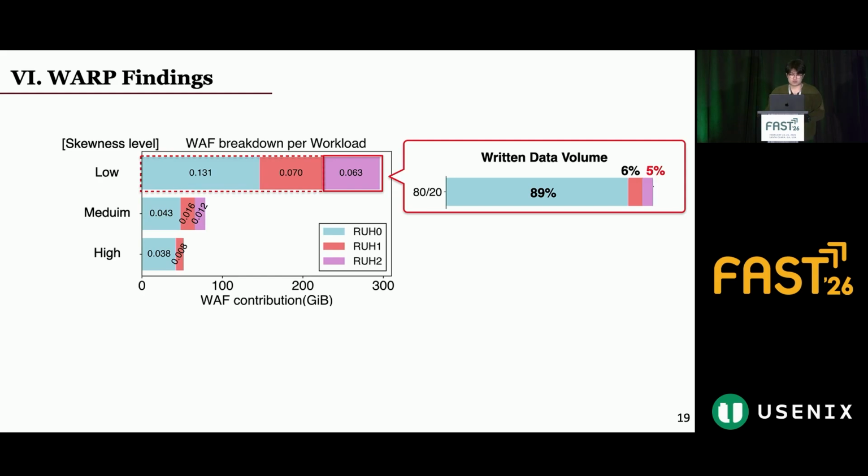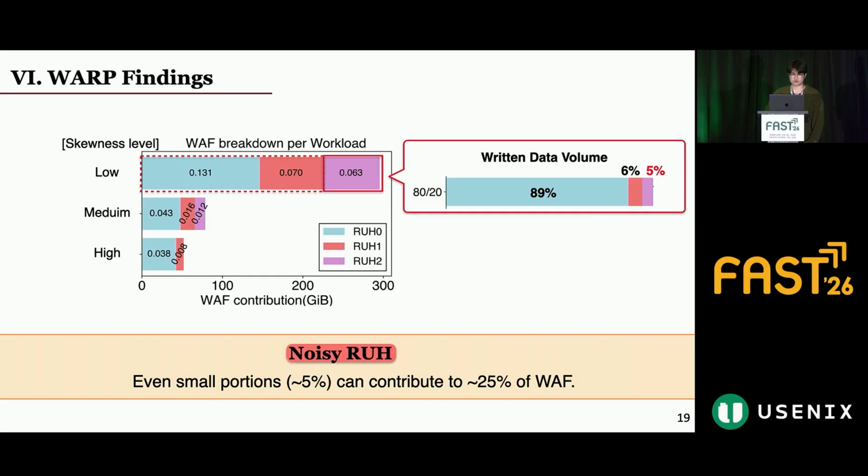Yet these small-volume RUHs contribute disproportionately to WAF. Even roughly 5% of the data can be responsible for 20% of total write amplification. So not just the amount of data: a single noisy RUH can eventually inflate the global write amplification significantly.